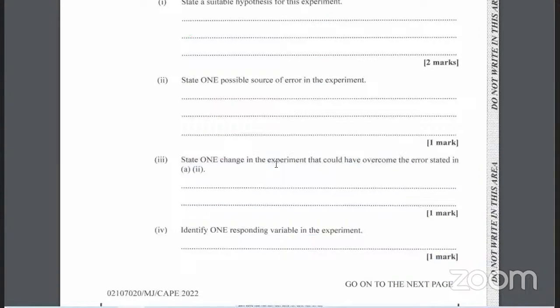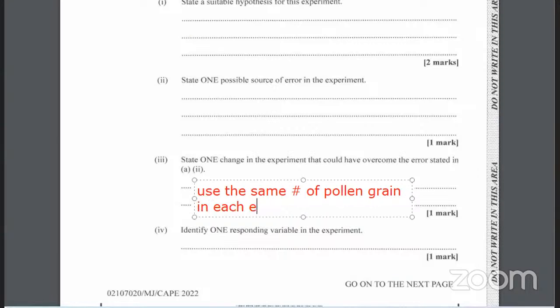State one change in the experiment that could have overcome the stated error. So simply use the same number of pollen grain in each experiment.